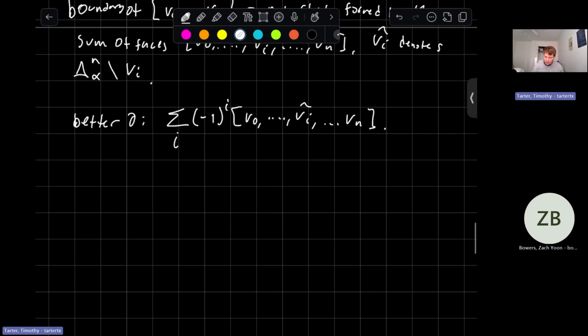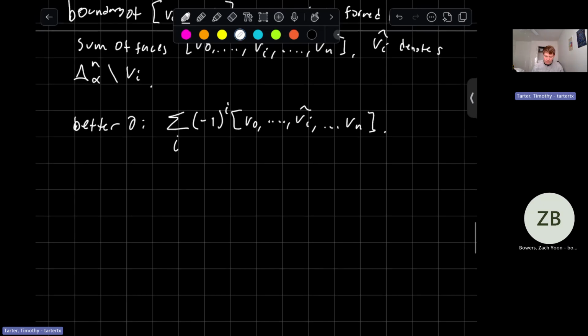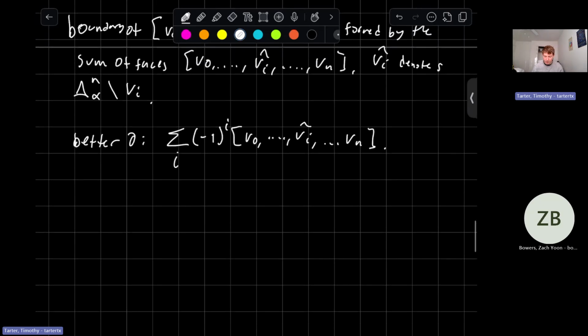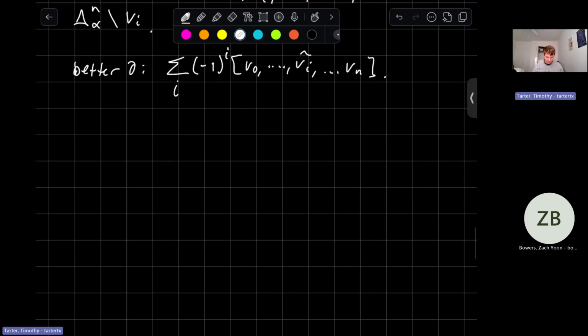Heuristically, the signs are inserted to take orientations into account so that the faces of a simplex are coherently oriented. So the idea is just that, going back to our first example, if this is x, this is y, this is plus 1, this is minus 1.